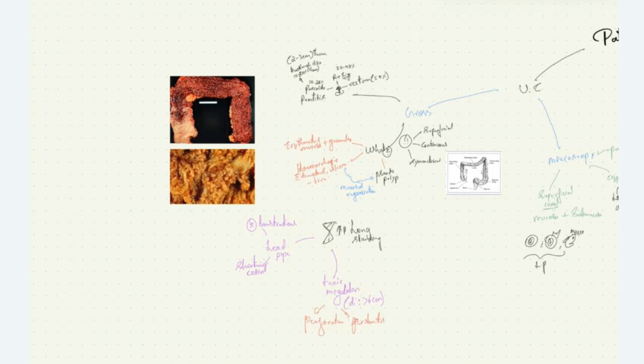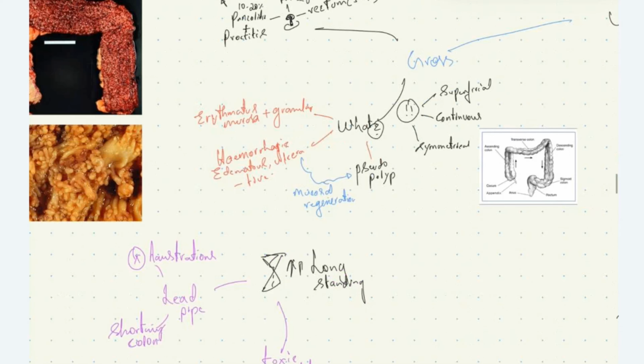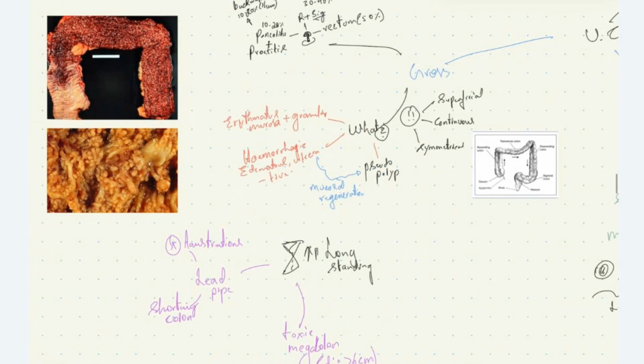In the early course of disease, due to inflammatory immune damage, we have erythematous mucosa and granularity in the mucosa, followed by hemorrhagic edematous ulcerative lesions. These lesions are superficial, involving mucosa and submucosa of the GIT, that is colon and rectum, and the lesions are continuous.